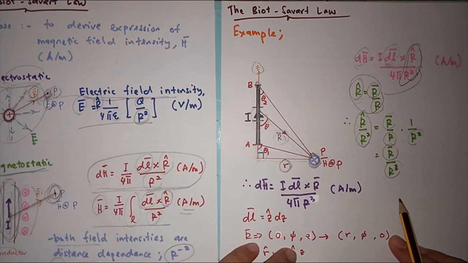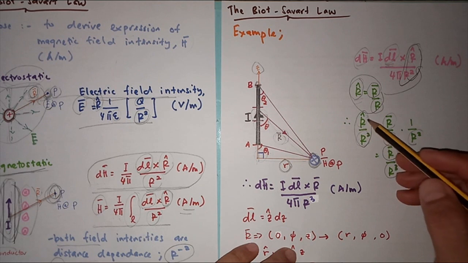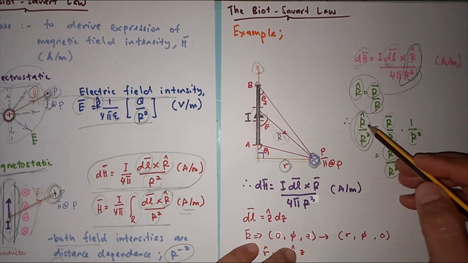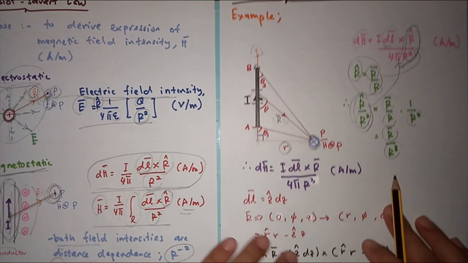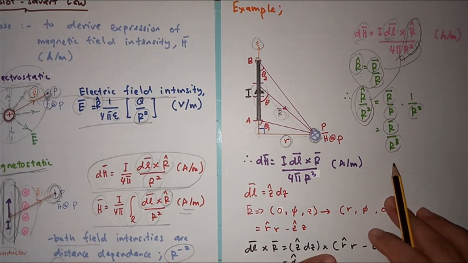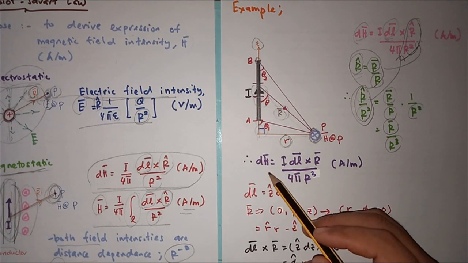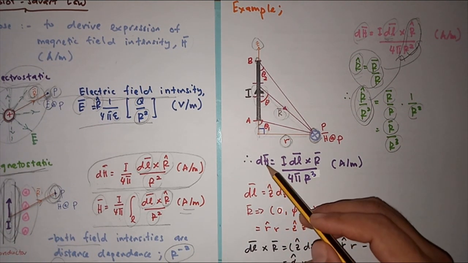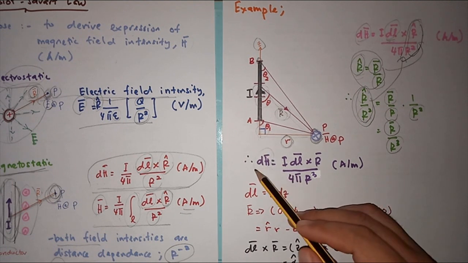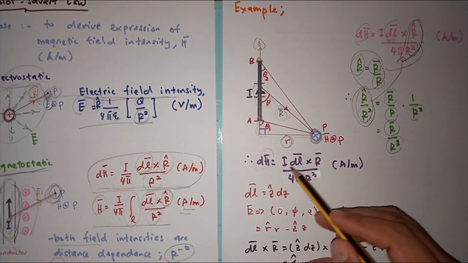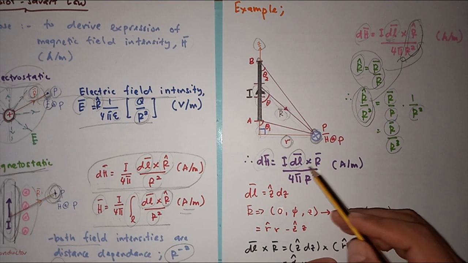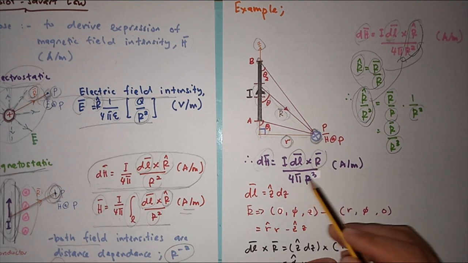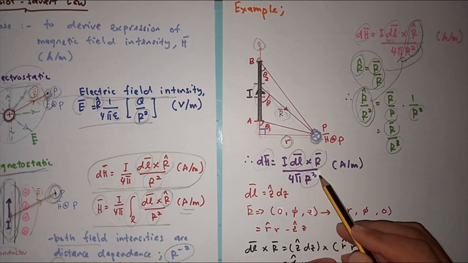Then the expression is equal to the vector r divided by r to the power of 3. By considering this representation, if we put it back into the equation, we have another equation representing our magnetic field intensity, dH. dH is equal to I times the vector dl cross the vector r, divided by 4 pi r to the power of 3.